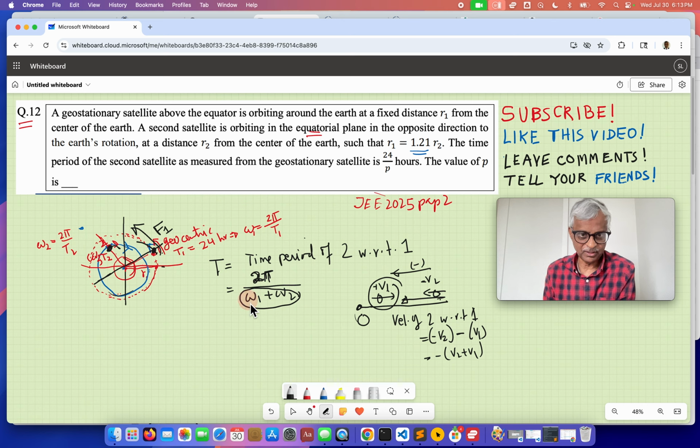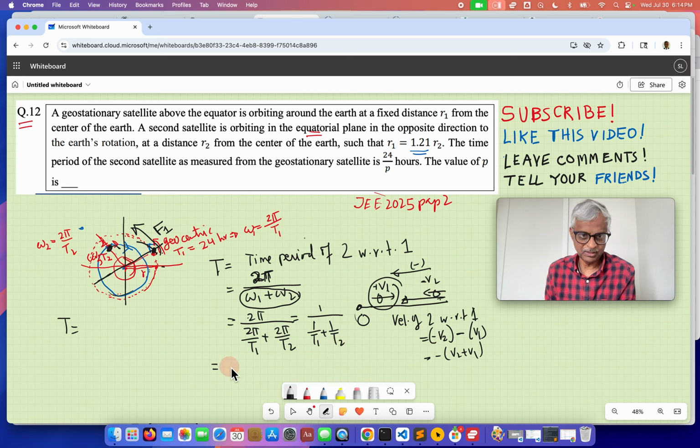And so we need to figure out in this problem: 2 pi over T1 plus 2 pi over T2. So T equals, if you simplify it, these 2 pi's cancel out, 1 over T1 plus 1 over T2.